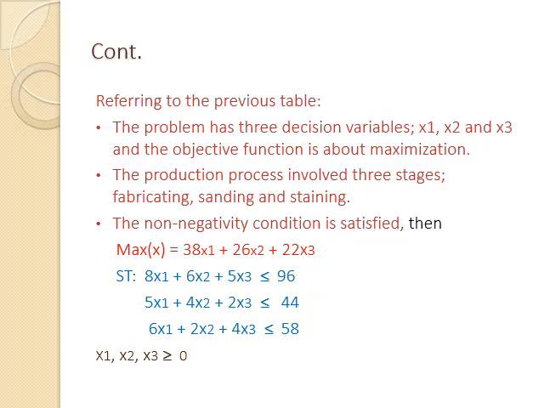Then max Z equals 38x1 plus 26x2 plus 22x3 as shown in the previous table. 38 is the profit of 1 unit of x1, 26 is the profit of 1 unit of x2, and 22 is the profit of 1 unit of x3.